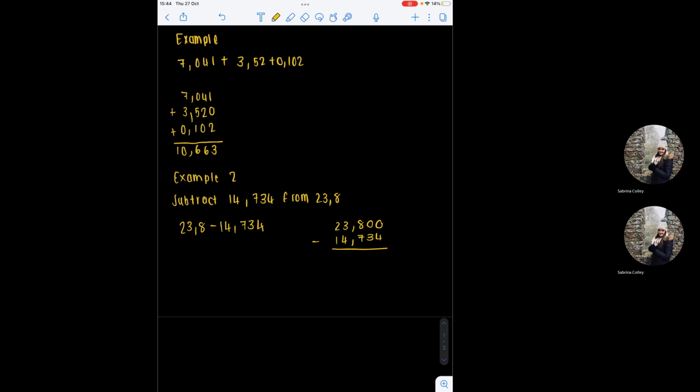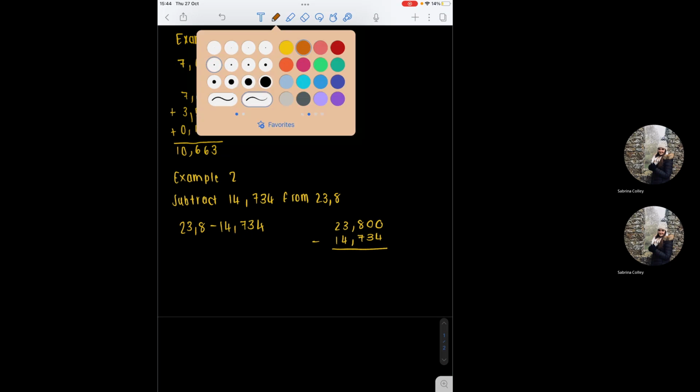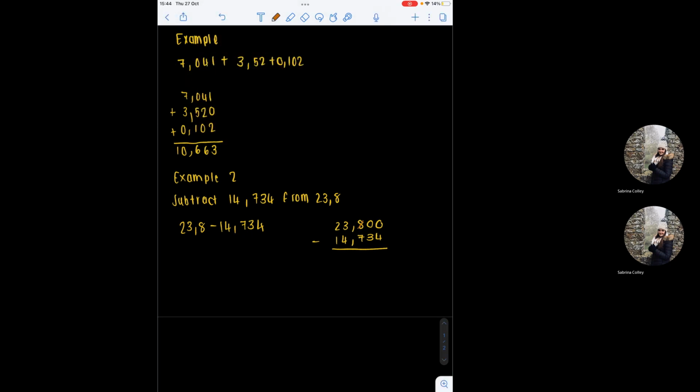Okay, and now we're going to go 0 minus 4. That can't happen, so we have to borrow from the next number. The next number is also 0, so we have to borrow from the 8. So the 8 becomes 9. Let's do this in a different color. Okay, the 8 becomes 7, sorry, not 9. And we're going to give a 1 to the 0, so that becomes 10.